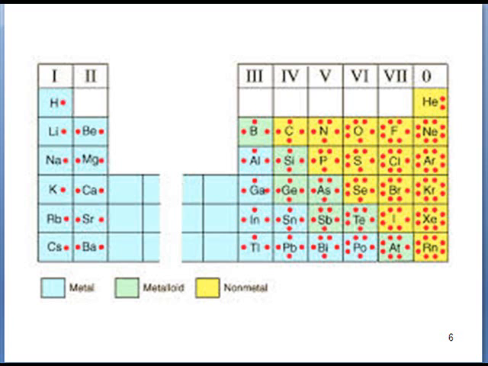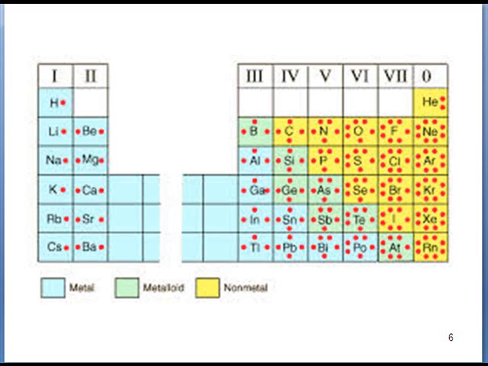And they're called metalloids because sometimes they will gain electrons to solve the problem. Sometimes they will lose electrons to solve the full valence shell problem. So they sometimes have the properties of metals, and they sometimes have the properties of nonmetals.